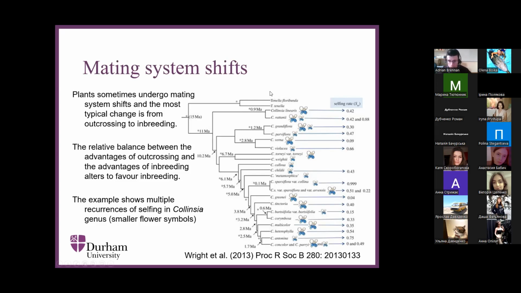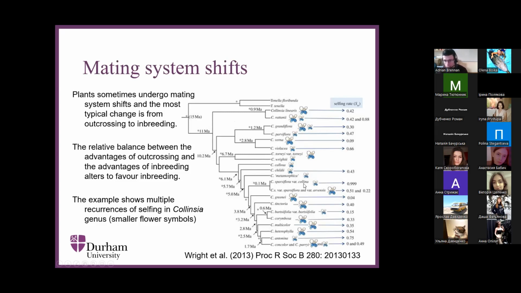You can see here in cartoon form an evolutionary tree of a genus, Collinsia, that shows a mix of outcrossing and inbreeding mating systems. Where you see a large flower, it's an outcrossing species. Where you see a small flower, it's selfing.